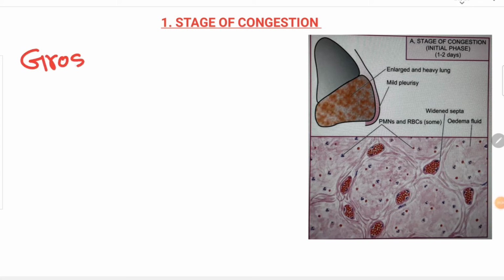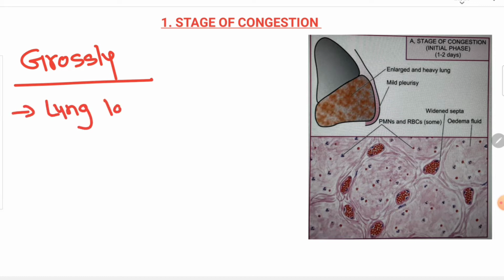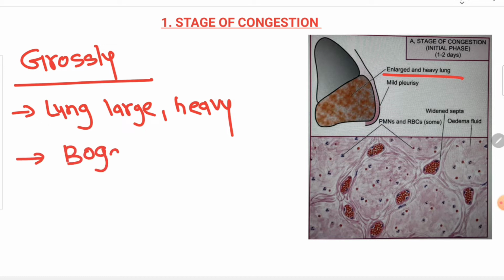First one is the stage of congestion. Obviously, congestion is the first stage of any inflammation. Grossly, if you observe, the lung is very large, heavy, and red in color. It is boggy red. That is the stage of congestion. This diagram is from the Harsh Mohan pathology book.